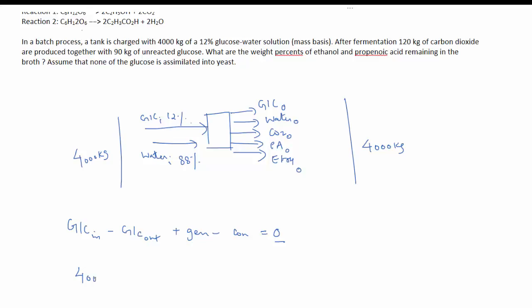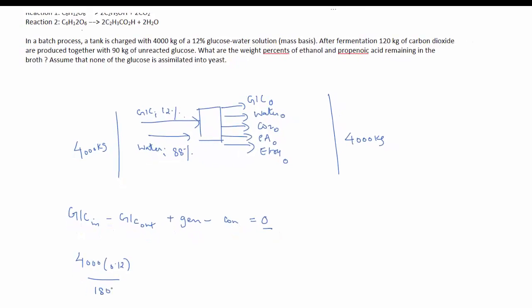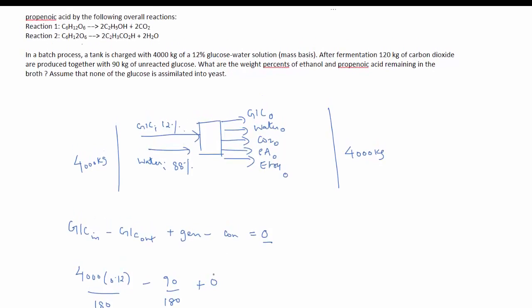So 4,000 multiplied by 0.12 divided by 180. So that's going to be the moles of glucose coming in. The moles of glucose coming out is 90 kilograms, which is coming out, divided by the molar mass of glucose. Nothing is being generated in the reaction. No glucose has been generated, but it's been consumed via 2 different reactions.